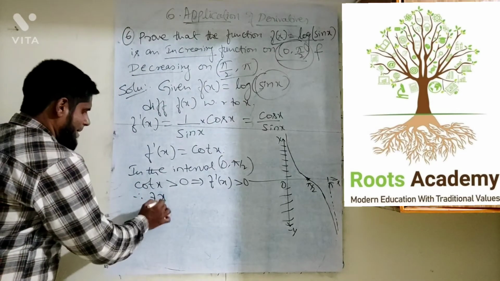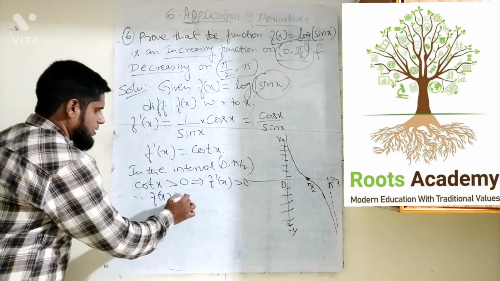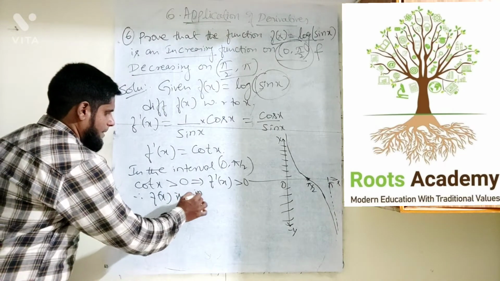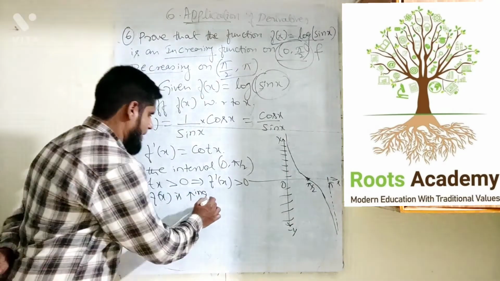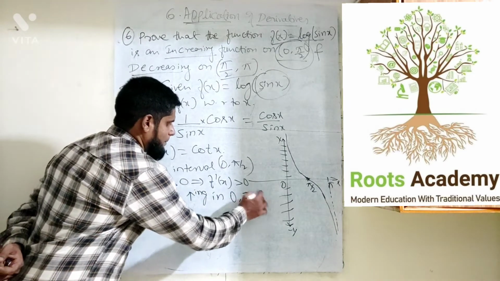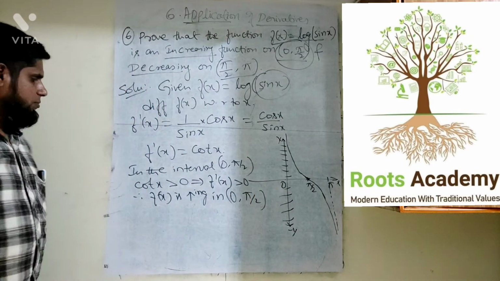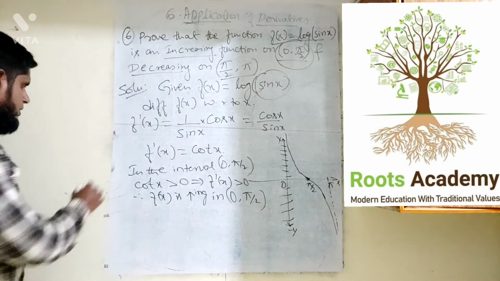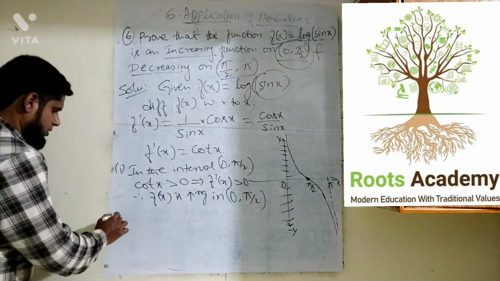Therefore, f of x is increasing in the interval 0, pi by 2. Okay, this is the first case.